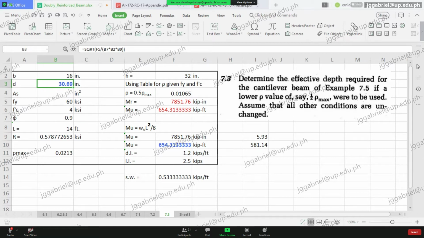Any answer? The required steel is reduced. Correct. Okay, at least you understand that very well.